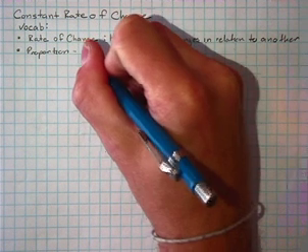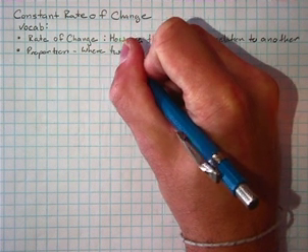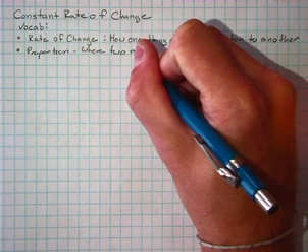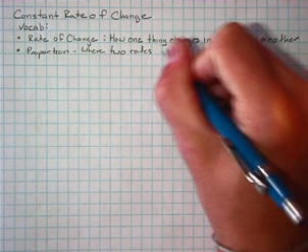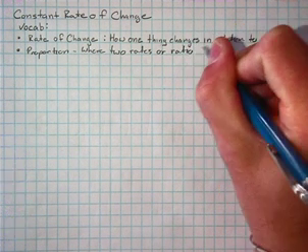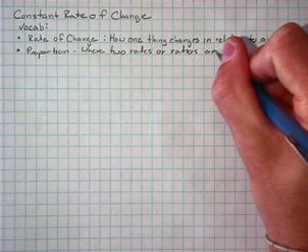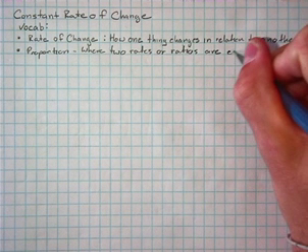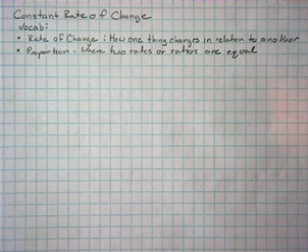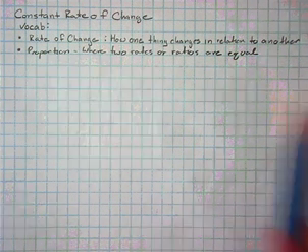A proportion. A proportion is where 2 rates or ratios are equal.